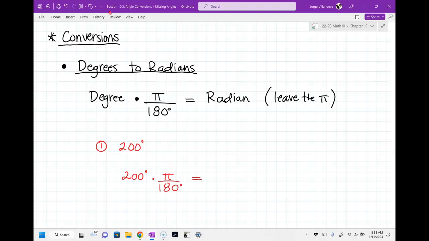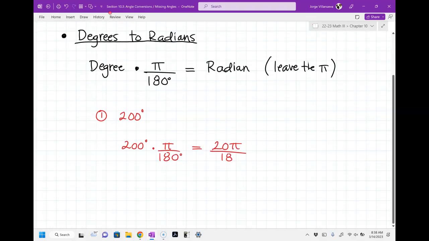Now you can do this on your calculator, just type in 200 over 180 and it'll do it for you. But if we do it by hand, I can reduce by 10. I noticed they both end in 0, so let's divide both by 10. That gives me 20 pi over 18. And then that number I can divide by, what, 2?